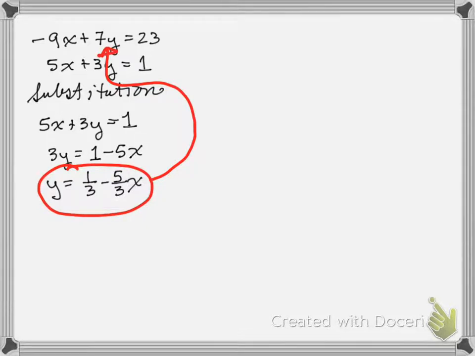And then I would have an equation in a single variable. Can you see that? If I put this expression in for y, then that first equation would have only the variable x, and I could solve for x. But you can see that would not really be a very effective way to do that.